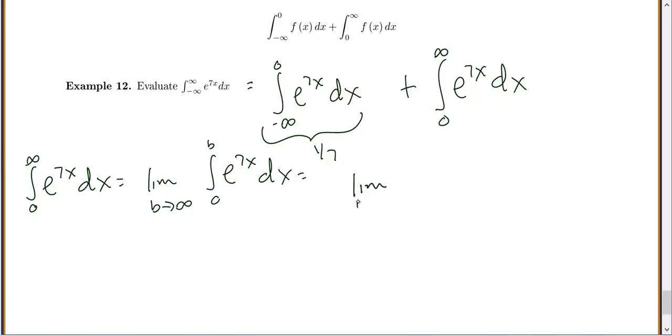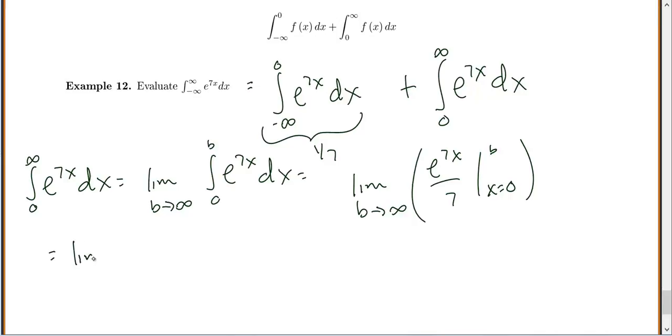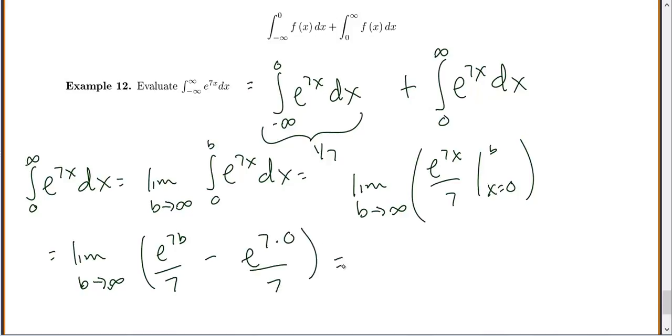So the limit as b goes towards infinity of e to the 7x over 7 evaluated from x equals 0 to b. So we still have our limit. Plug in the b, so e to the 7b over 7 minus e to the 7 times 0 over 7. Now plug in your infinity.